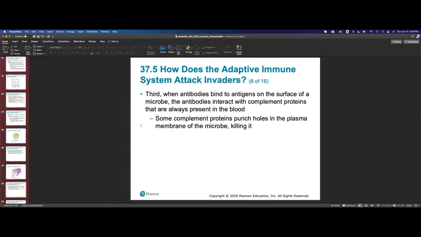And this is where you get a little bit of the complement system interacting. The antibodies will interact with the complement system and punch holes in the plasma membrane of the microbe.